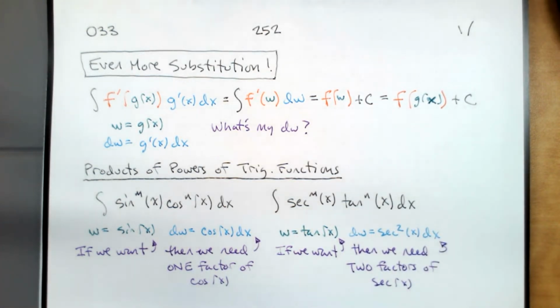So if my integral has some tangents in it and only one factor of secant, we cannot make the w equal tangent x substitution. Because to make the substitution w is equal to tangent x, I need 2 factors of secant to be the dw.